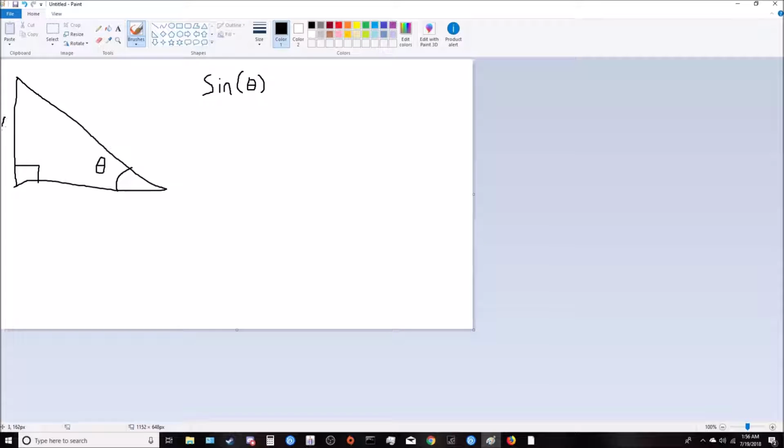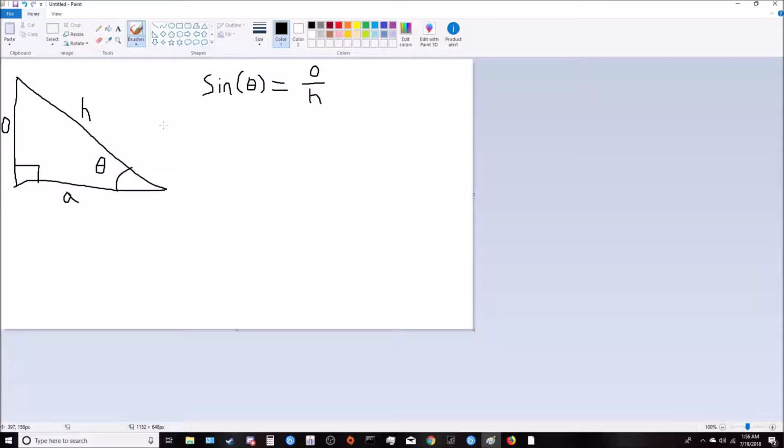Let's call this side O for opposite, since it's opposite this angle. Let's call this A for adjacent, since it's adjacent to the angle. And let's call this side H for hypotenuse. So the sine of angle theta is going to be the ratio of the opposite side to the hypotenuse.